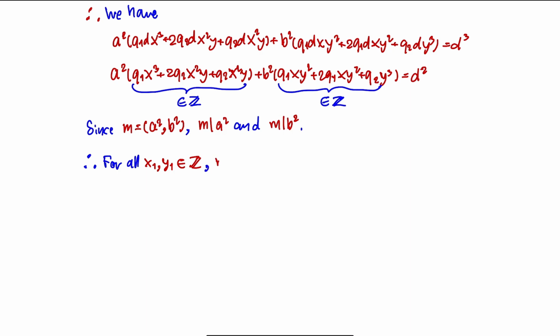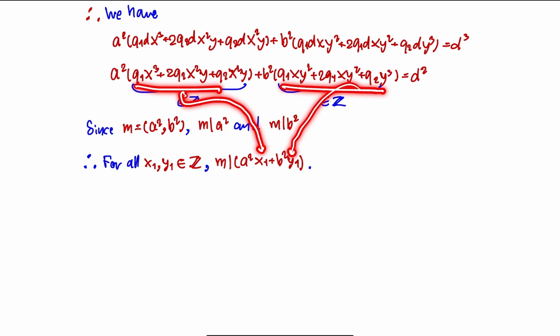We're gonna have m divides a squared x1 plus b squared y1, okay, y1, right? That's what we have. Now take a look at this. These are integers. That means that we can plug into x1 and y1 respectively.